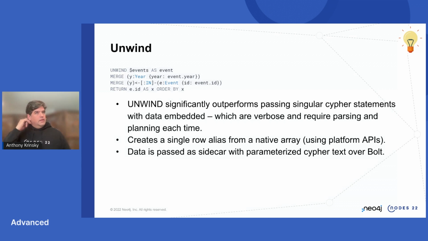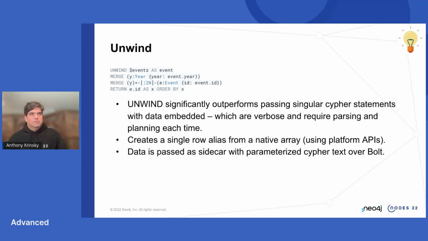Unwind is something that you'd be familiar with if you've been using Neo4j for a while. We do talk to newbies who've never seen this idiom. Here it is. Please use it. It's kind of obvious that if you were to insert or merge 1,000 records, then repeating this fragment 1,000 times would be inefficient.